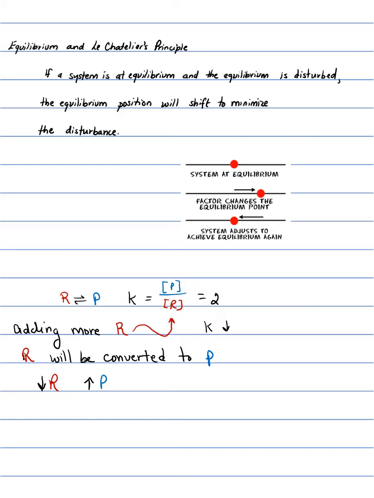That consumption of the reactant that I added is going to happen until your reaction reaches equilibrium again, and you get the same numerical value for the equilibrium constant.